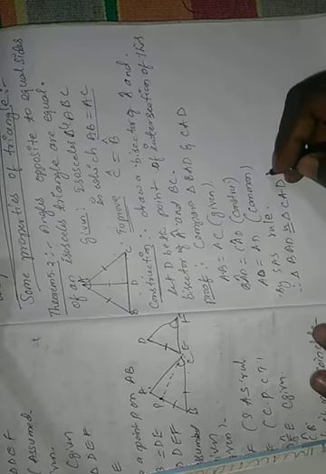Therefore angle ABD is equal to angle ACD, because they are corresponding angles of congruent triangles.